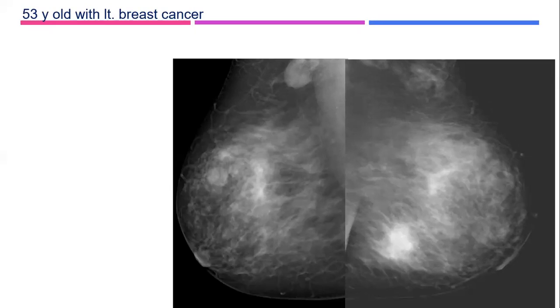However, there is a small area of skin thickening, and also there is another focal asymmetry in the upper outer region of the left breast.